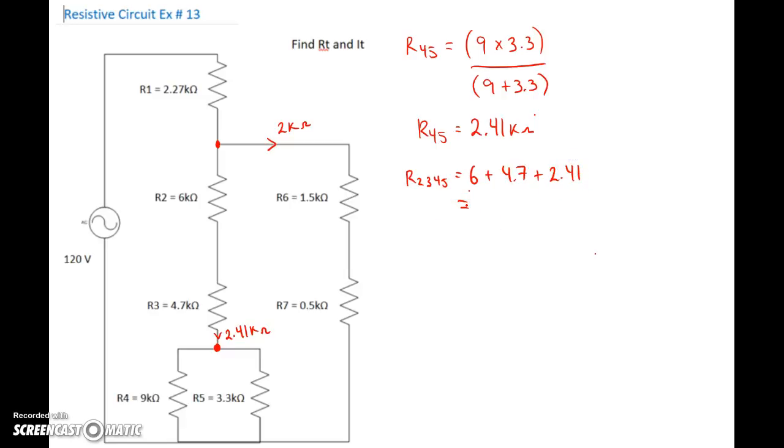And if you add all those guys up, it gives you 13.11 kiloohms. Okay, so everything from here down is 13.11 kiloohms. Beauty.